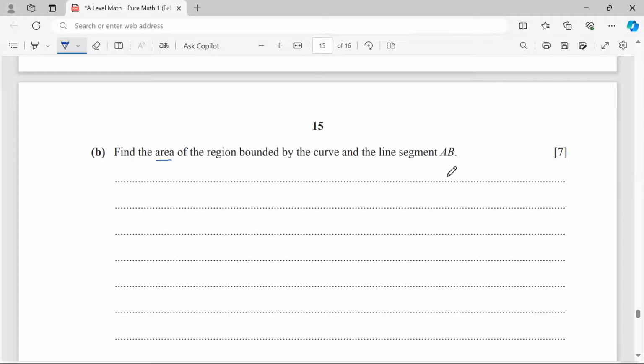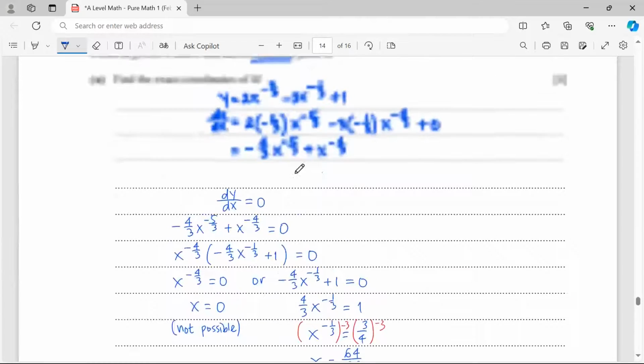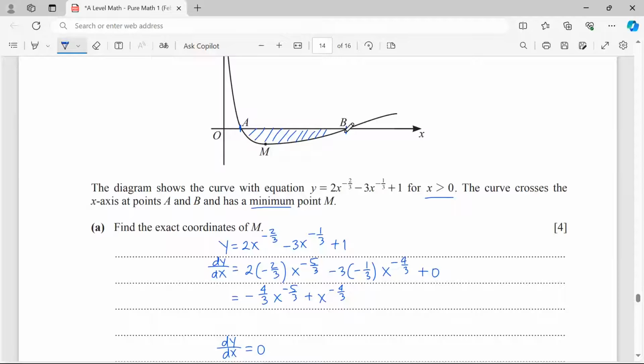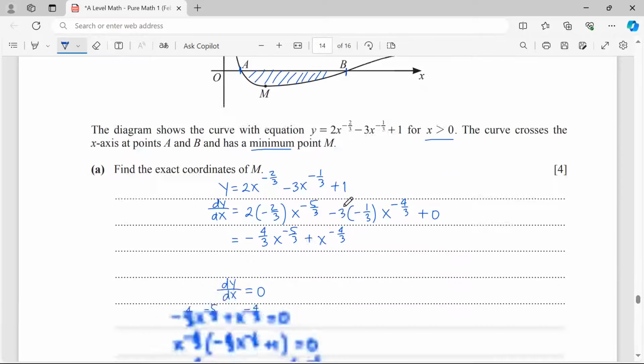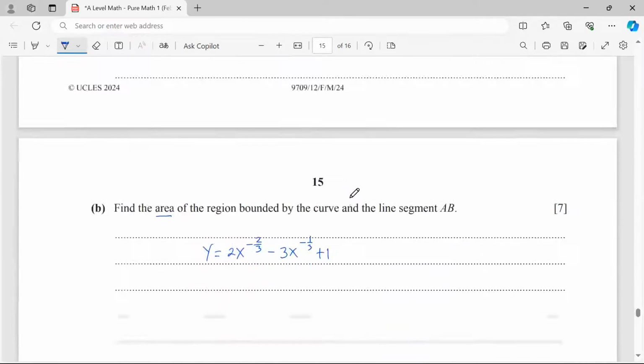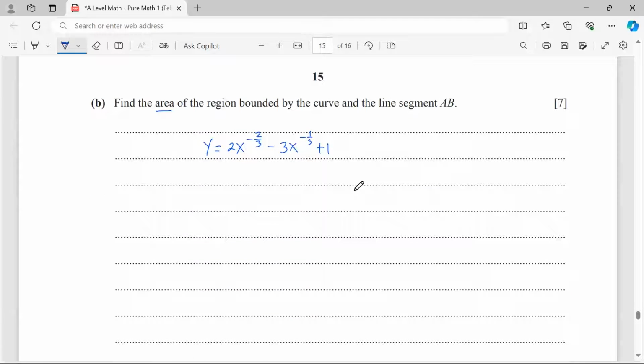Now we find the coordinates of A and B, starting with the equation of the curve, which is 2x to the power of negative 2 over 3 minus 3x to the power of negative 1 over 3 plus 1. Since we would like to get the x-intercepts of the curve, we must set y equals 0.